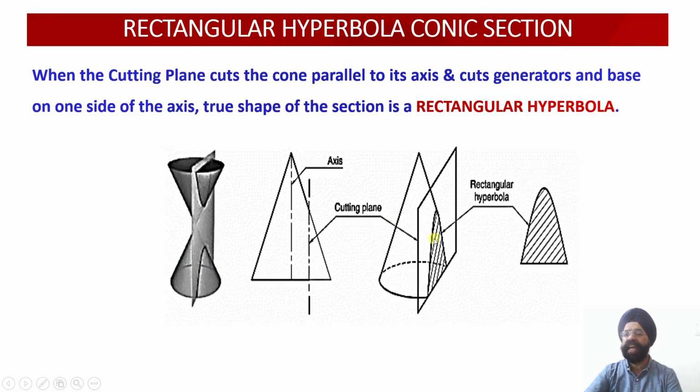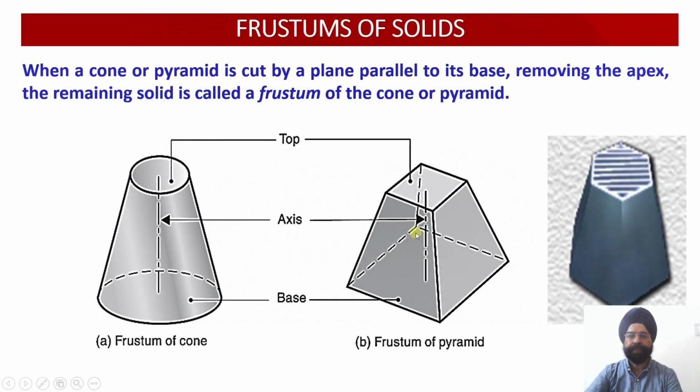No additional AIP or AVP will be required. So straight away on the vertical plane, this is the shape which will be generated, and the name of this shape is rectangular hyperbola. This is again a geometrical shape which can be verified mathematically as well. Again, it's a freehand curve which we are required to draw.